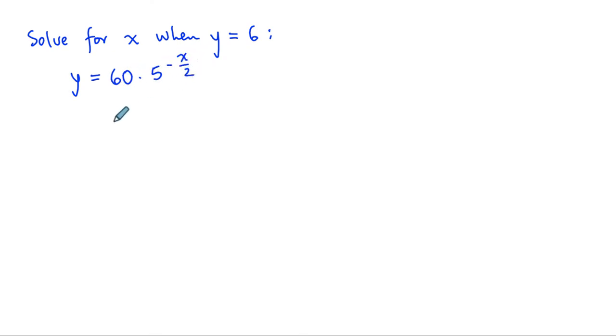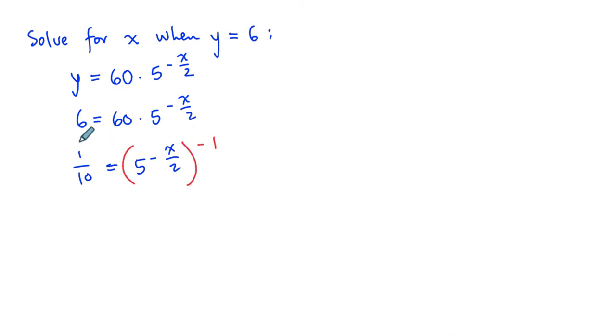We substitute 6 for y, and we solve for x. 6 divided by 60 is 1/10. 1/10 is the reciprocal of 10, and so if we reciprocate both sides, I can show reciprocating by raising to the exponent of negative 1. I can show reciprocating by making it 1 over. That's a bit messy, and so I'm actually going to raise both sides to the exponent of negative 1. Then I end up getting a tidier equation without any negative exponents and without any fraction bases and powers.